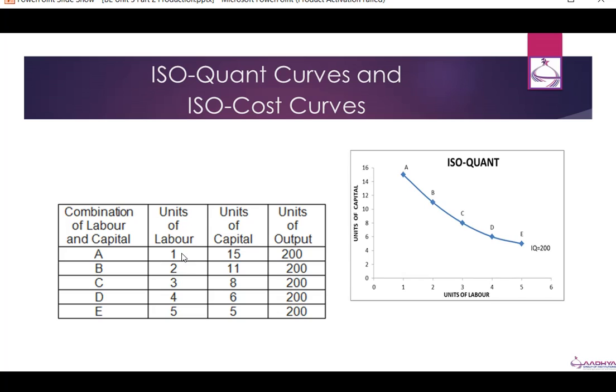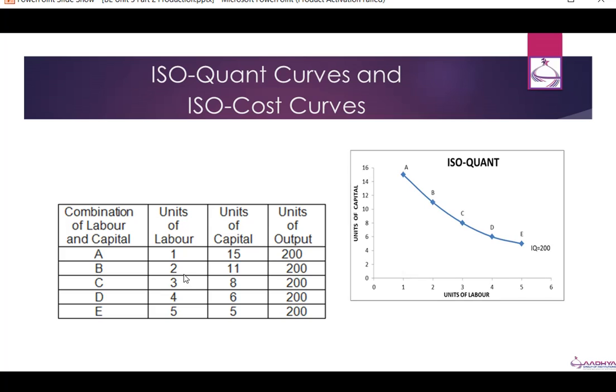As you can see in the beginning, when the units of labor is 1, the units of capital is 15, and you want to produce the same level of output by decreasing capital and increasing labor. You can increase your labor by 100%, and you will have to decrease your capital by very little, less than 10%.